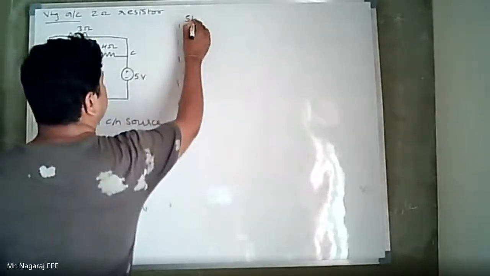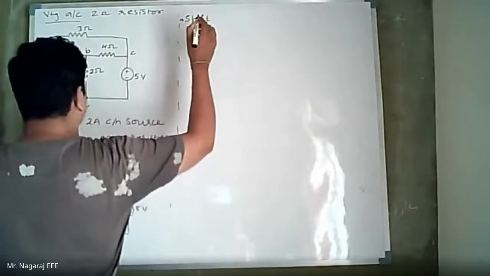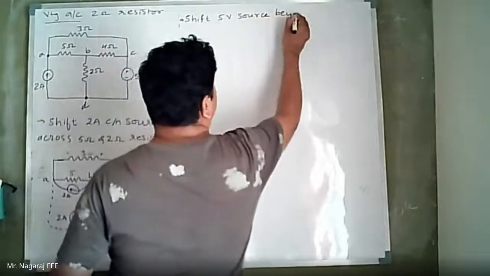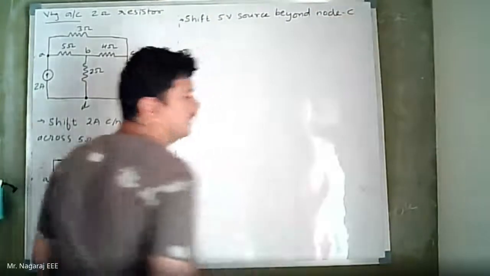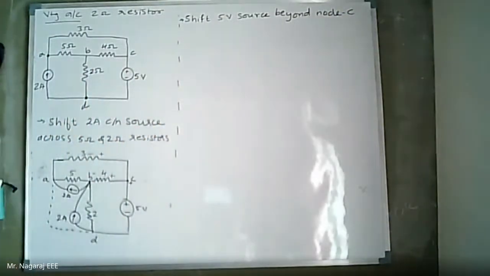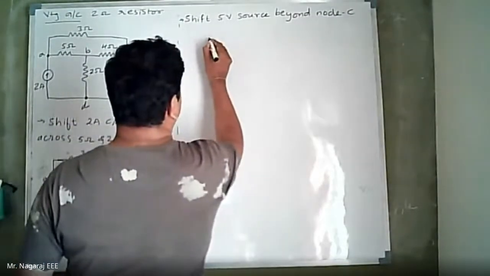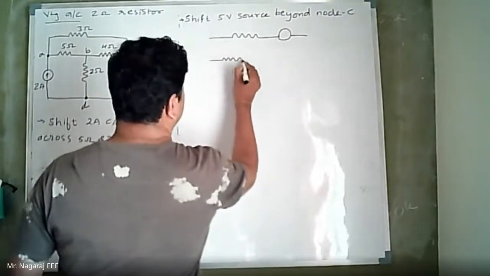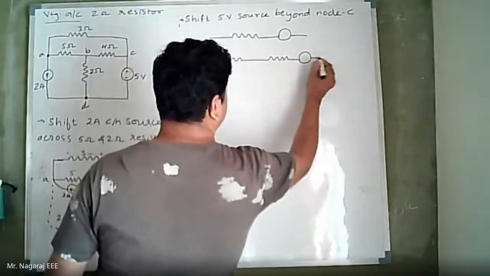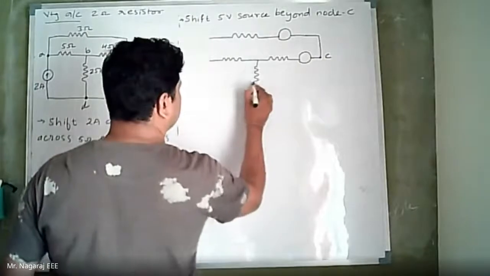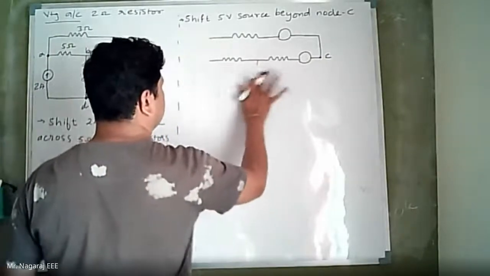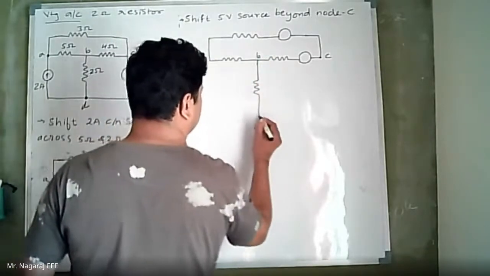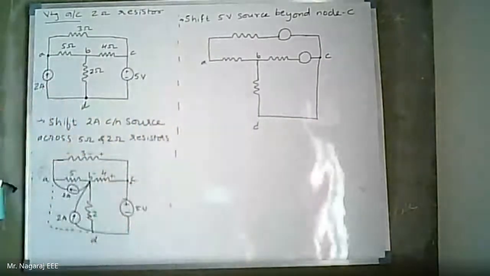Now next, shift the 5 volt source beyond node C. So when I do that, now the original branch containing the voltage source should be replaced by short circuit.